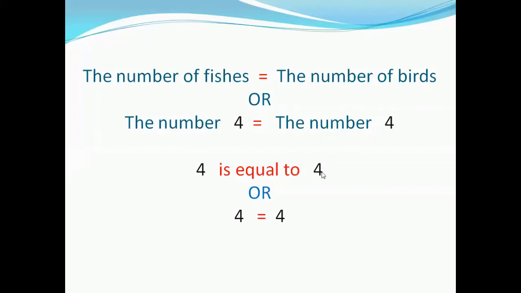So 4 is equal to 4. In mathematics, we write this as 4 equal to 4. This is the sign of equal to. This equal to sign shows the equality of the numbers.